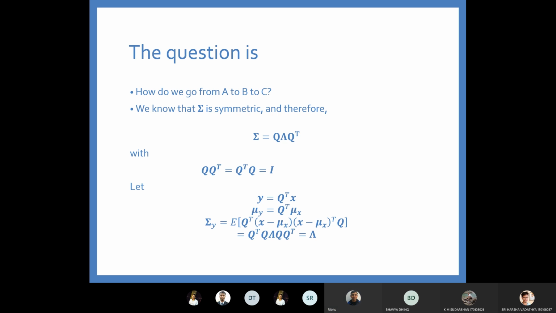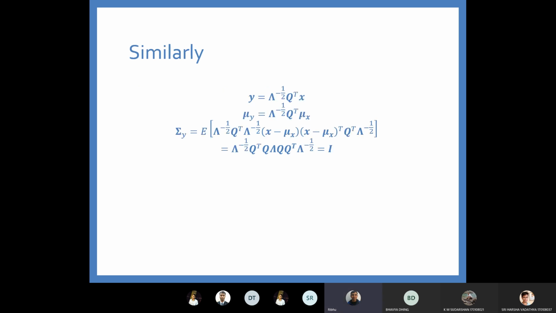So I get uncorrelated features. Now the next step is, if I define Y equals lambda to the minus half Q transpose X, then mu Y turns into this, and the covariance matrix turns into an identity matrix.